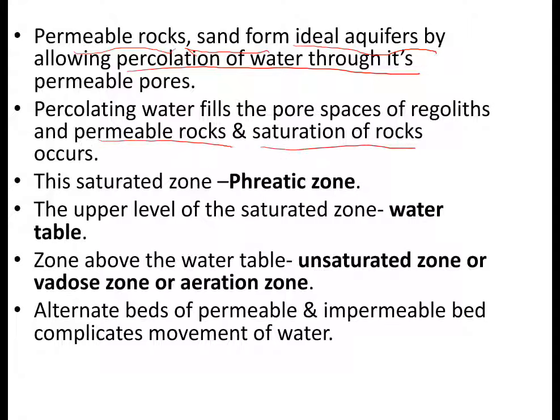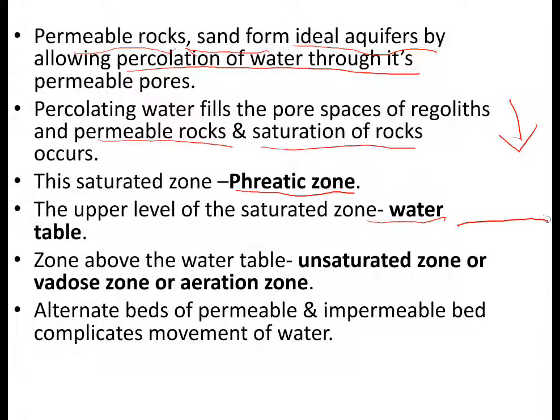Once the water enters the ground surface, because only permeable rocks allow the water to flow down, otherwise the water will run off as surface runoff. So these permeable rocks allow water to enter, and those rocks become saturated. This saturated zone is called the phreatic zone, and the upper level of the saturated zone we call the water table.